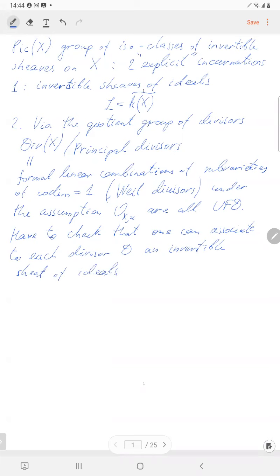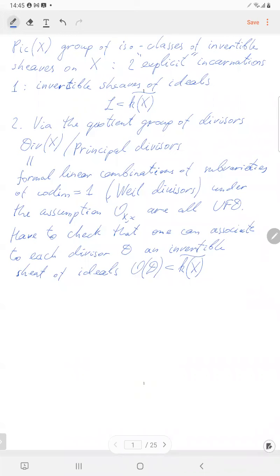Probably we did not introduce any notation for this. Yeah, so it was O of D. So it's inside this big quasi-coherent sheaf of rational functions.